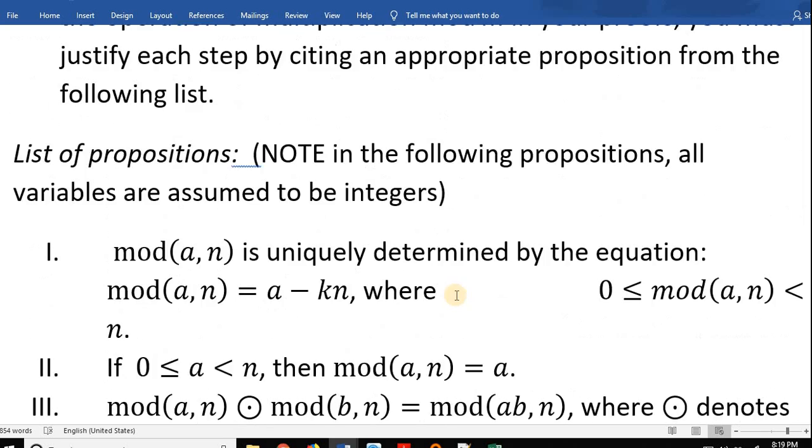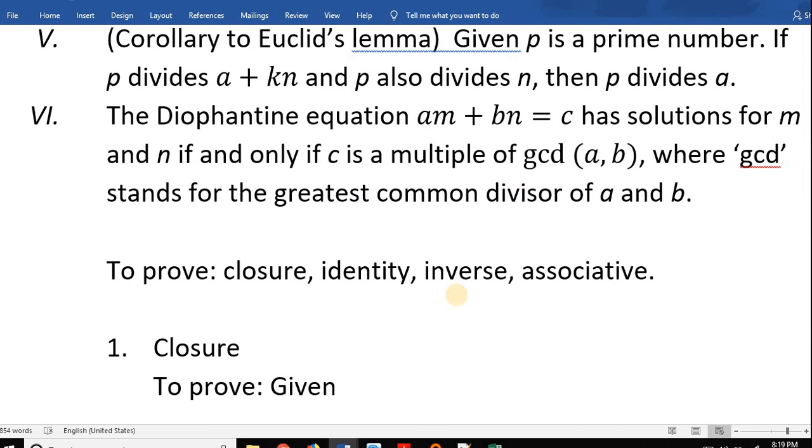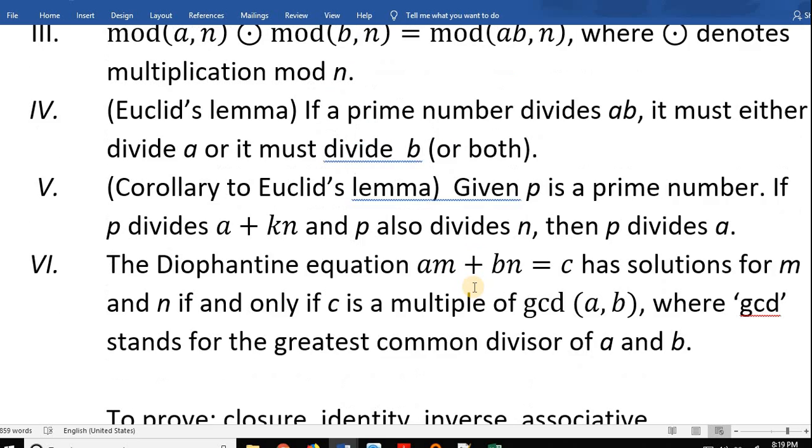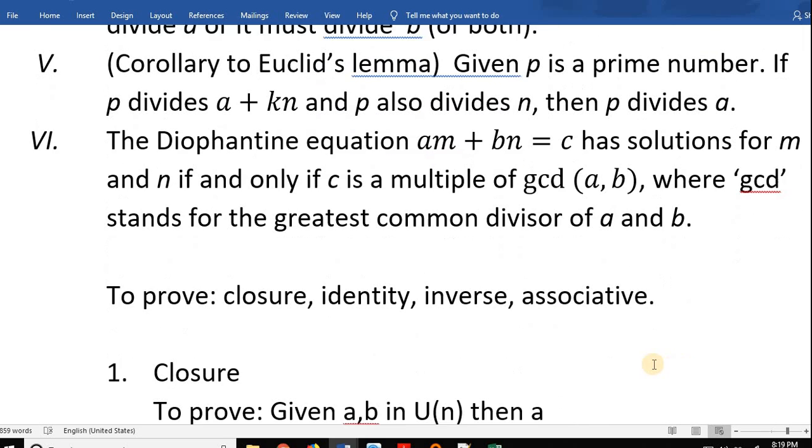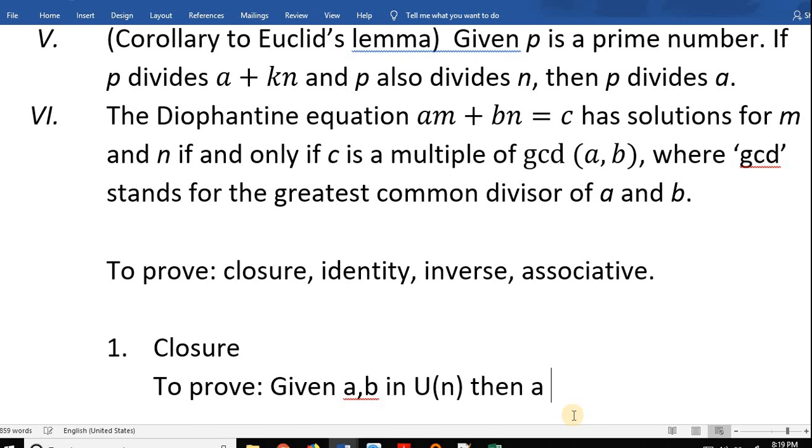We're calling our group U(n). So let's say given A and B in U(n), then A, now what's the operation? The operation is this circle dot. I'm just going to use the @ sign, so I don't have to worry about formatting. If A and B are in U(n), then A @ B is also in U(n). That's what you need to prove.